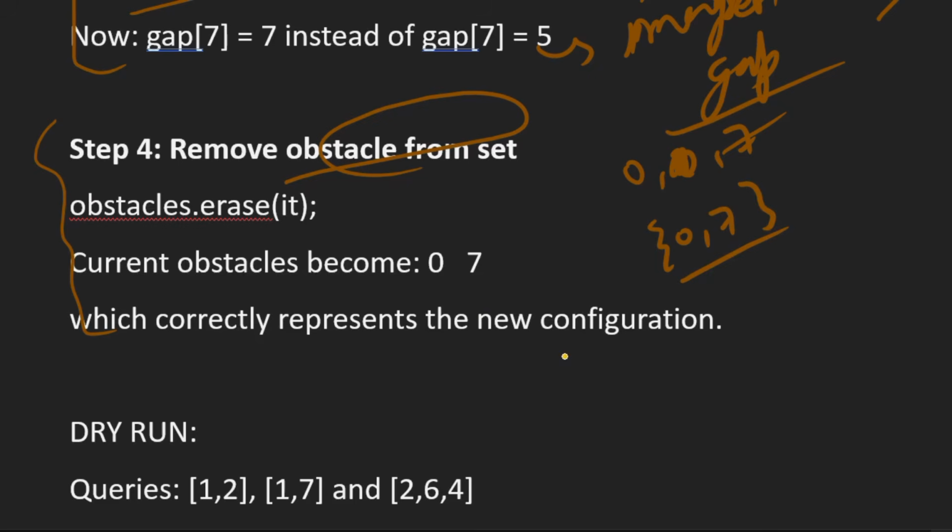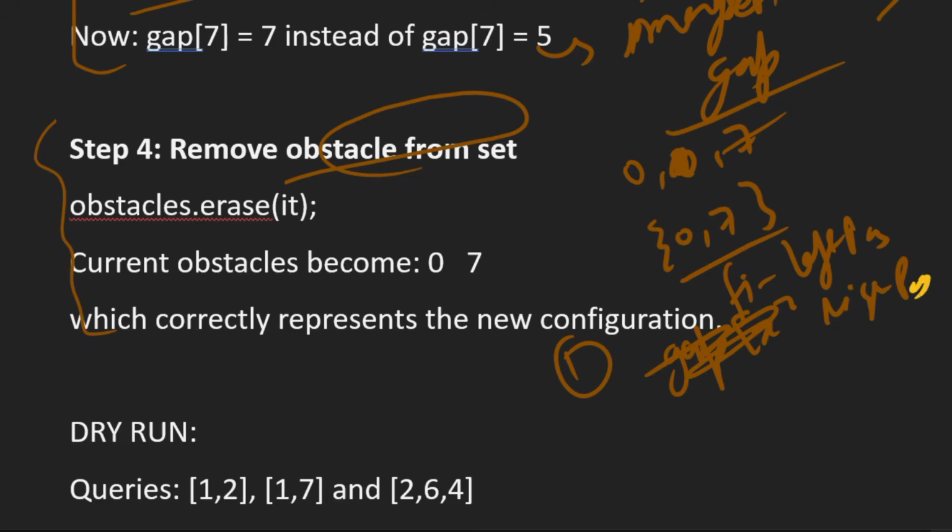So what are the four steps? In the first step we find the neighbors, that is left position and right position of the obstacle that we are removing. In the second step we make gap of x equal to 0.